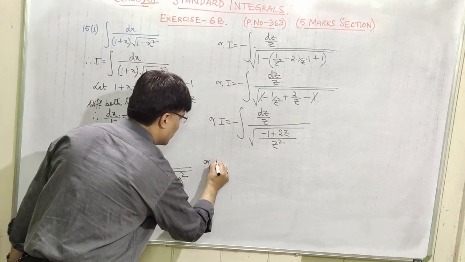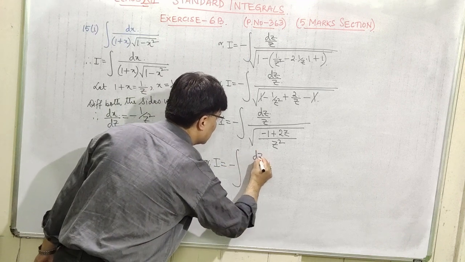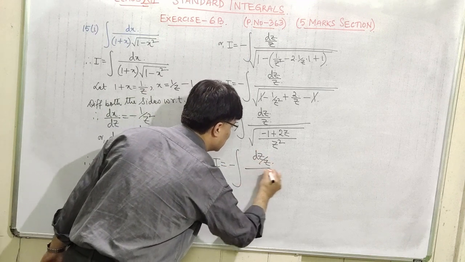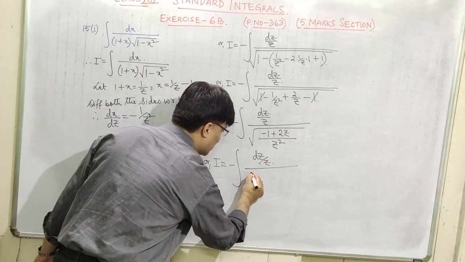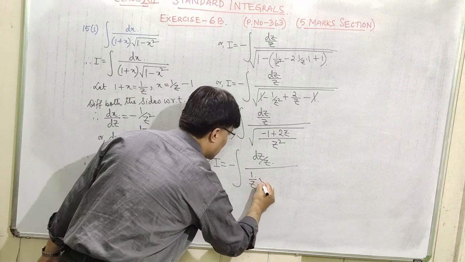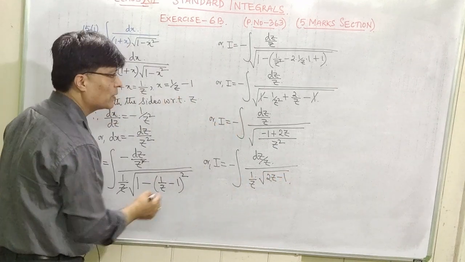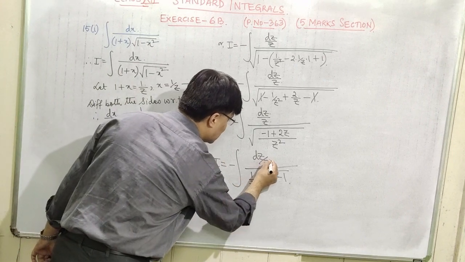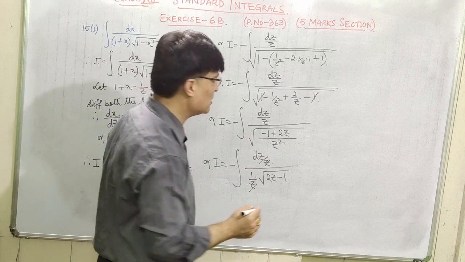So I is equal to minus integral dz by z divided by root over, what is root over upon z square? It is 1 upon z, and root over 2z minus 1. So here you can cancel this z. Let us cancel it. This z and z will be cancelled.